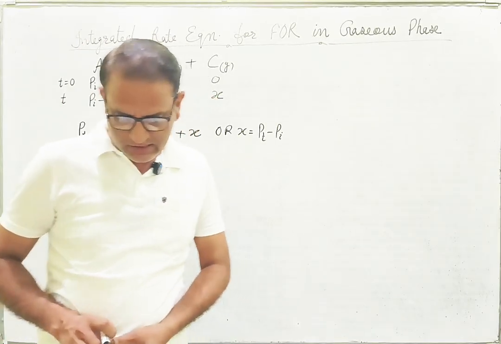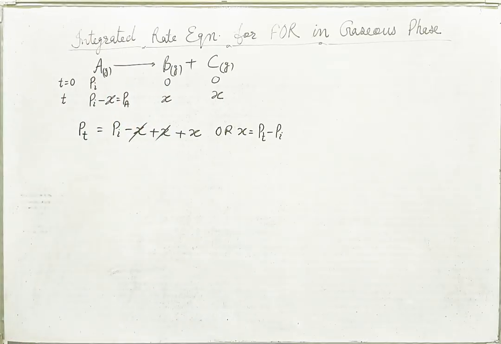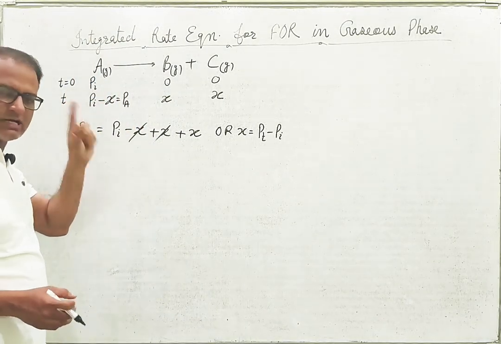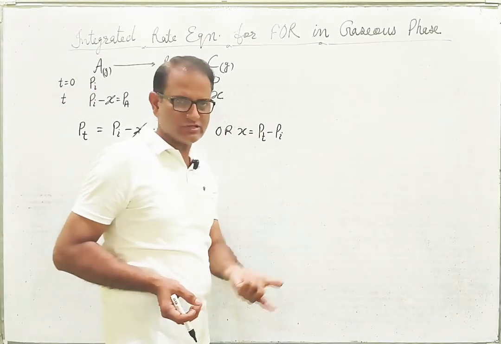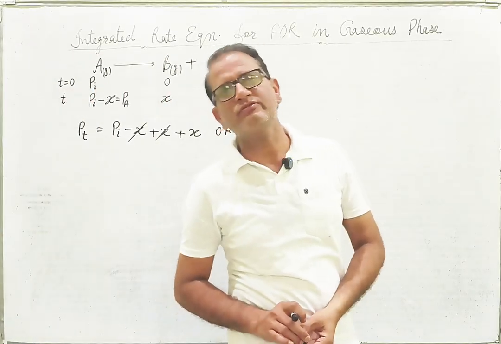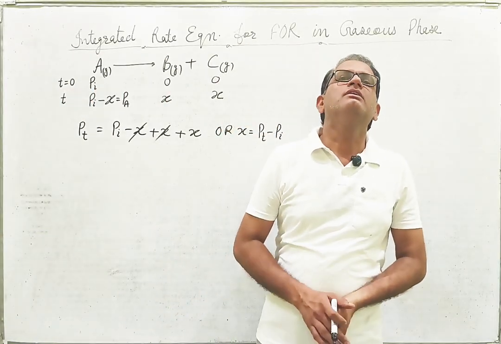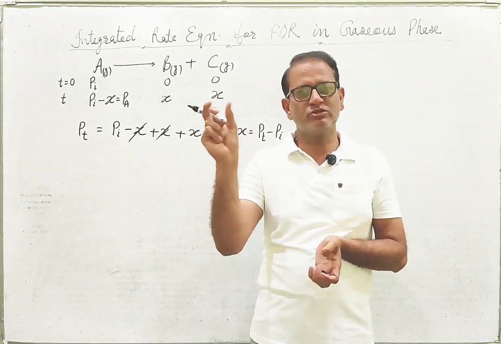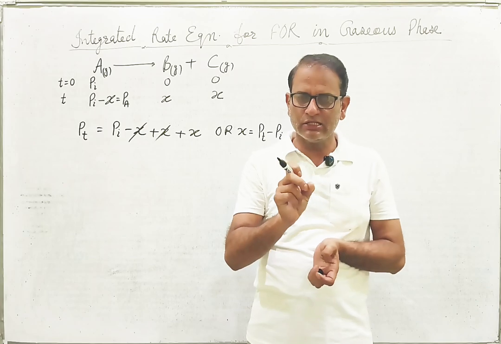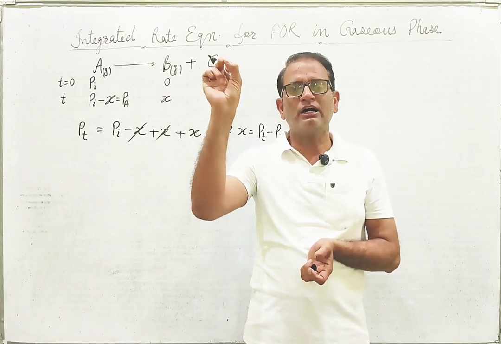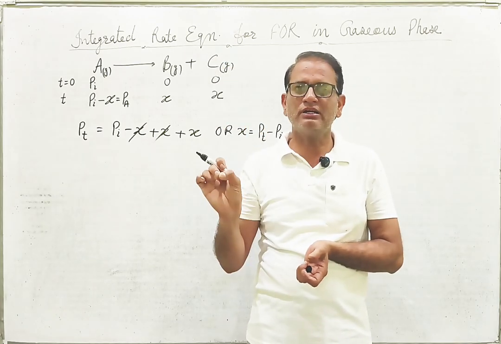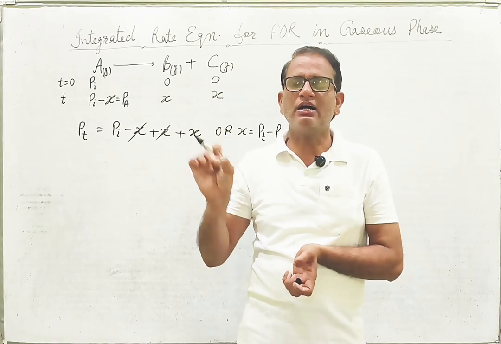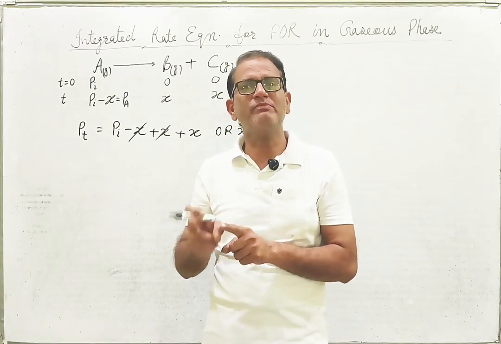Am I right? Now we want to calculate the pressure of A at time t, because that is what we need for the integrated rate equation. What is the integrated rate equation for first order reaction? The value of k will be equal to 2.303 upon t log R naught upon R, where R naught is the initial concentration and R is the concentration at time t.